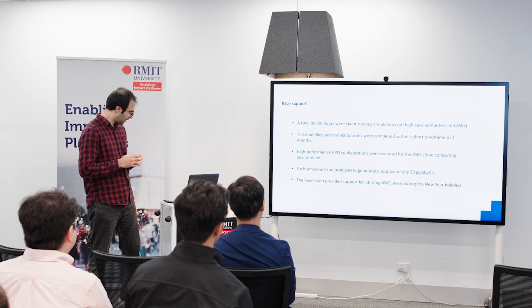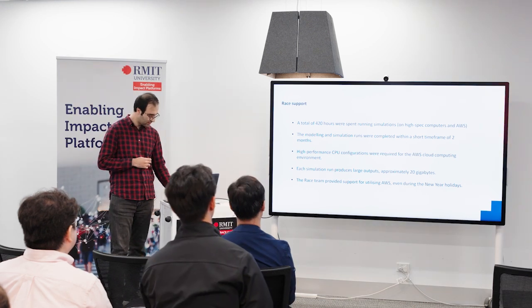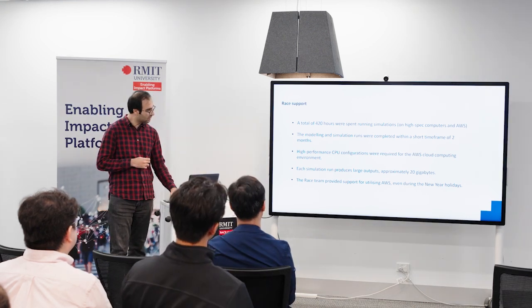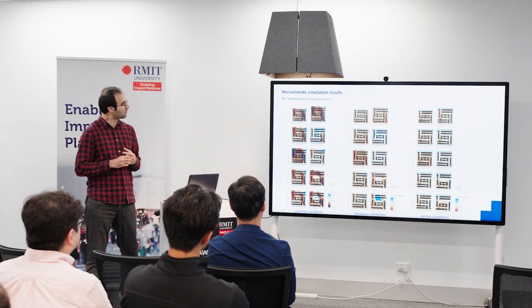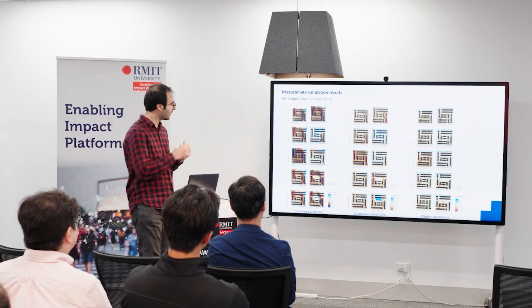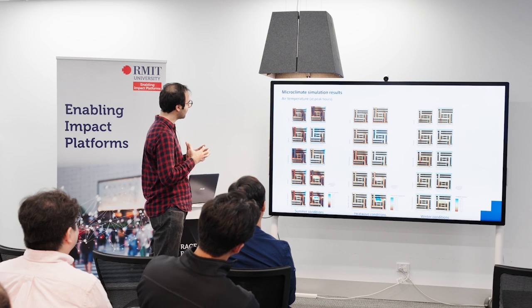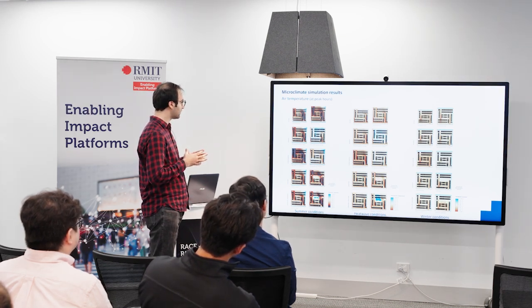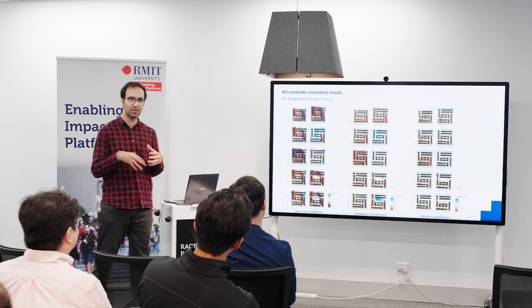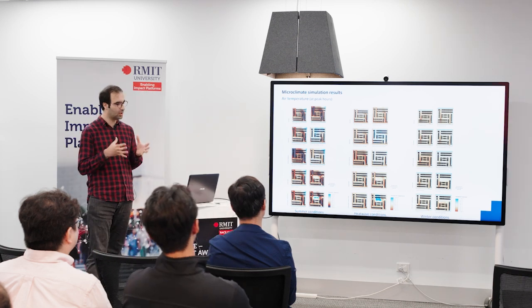So thanks to RACE, we could use a lot of those resources. This is a part of the outputs. This large scale and this large number of scenarios couldn't be done unless you have access to some really good computer resources.